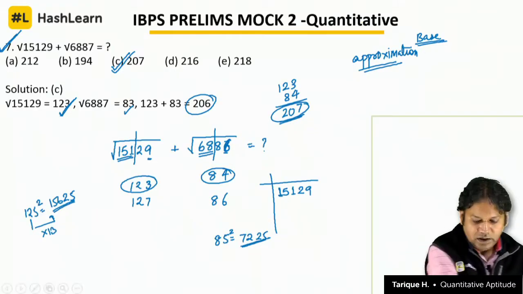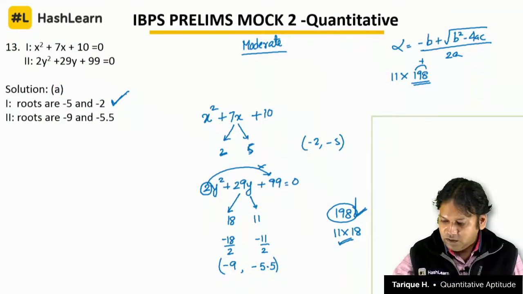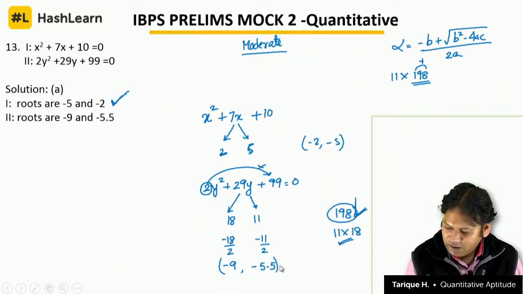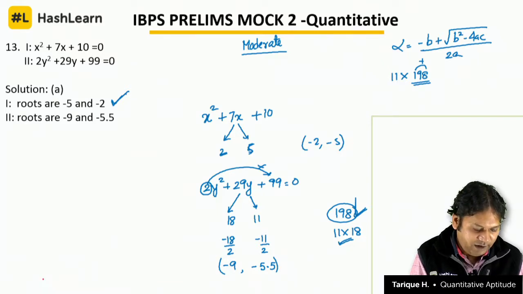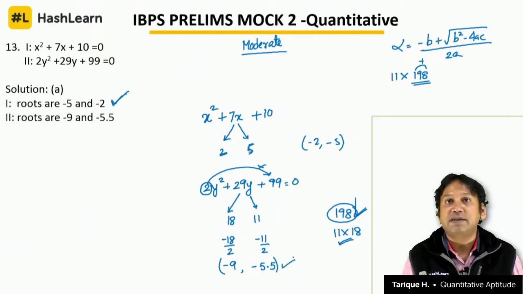Okay. All right. So yeah, we are here in this question. So the way we find out the roots, minus 9 and minus 5.5, without having to worry about factorizing it completely. So this shortcut technique will play an important role in how fast you can solve questions in the exam.